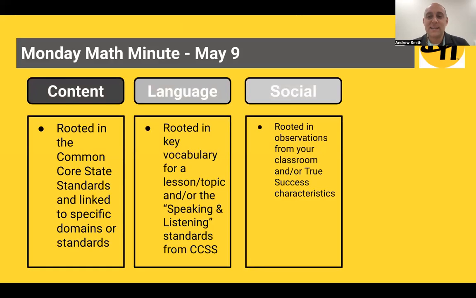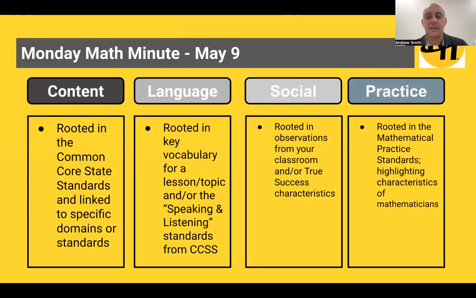There's social learning intentions and success criteria, which could be linked back to true success or just some general noticings from your classroom. And then finally, there's practice learning intentions and success criteria, and those are rooted back in our mathematical practice standards. So in the coming weeks, we'll take a look at each one of the 4 categories and what specific learning intentions and success criteria might look and sound like in those 4 categories.